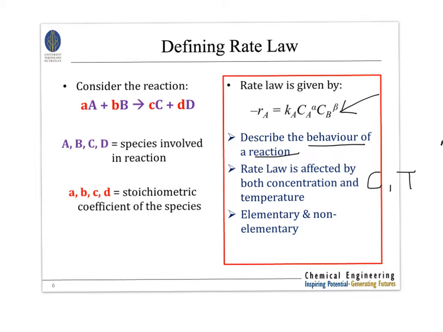So rate law can be used in both elementary and non-elementary reactions. Consider this reaction: A plus B to produce C and D. The capital letter is the species involved in the reaction, and the small letter is the stoichiometric coefficient of the species. So the rate law on the basis of A is this one.